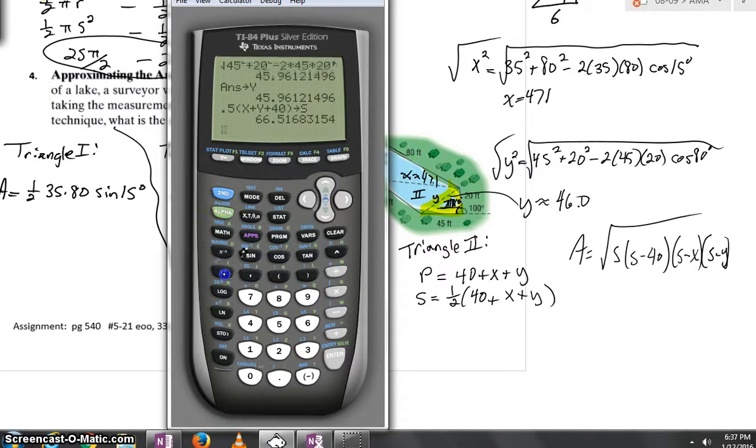So we'll have the square root, can just go alpha S, and then hit parentheses, alpha S minus 40 times alpha S minus X times alpha S minus Y. And we could pretty much right now get that area about 839.6, roughly, somewhere around there.